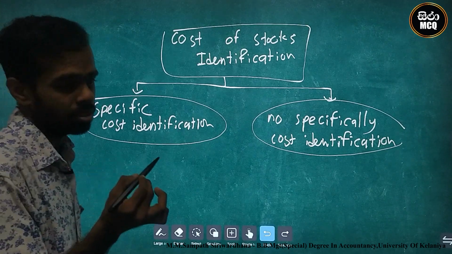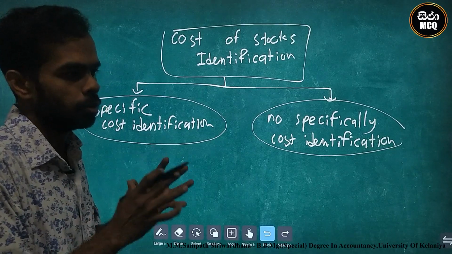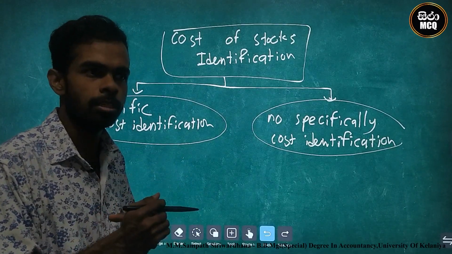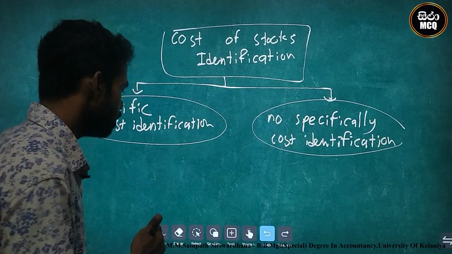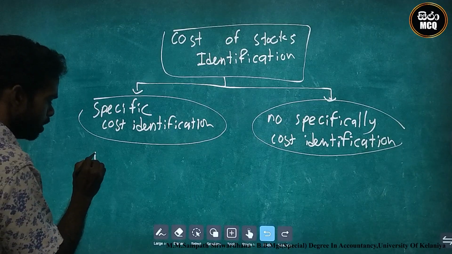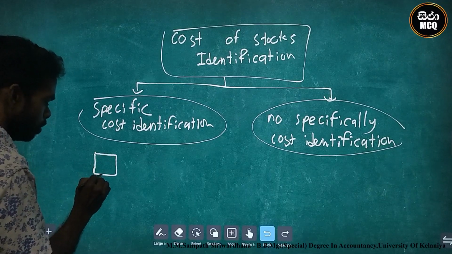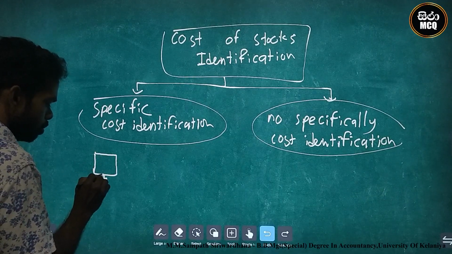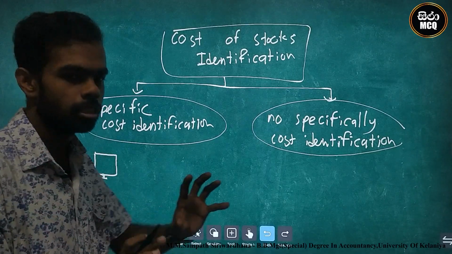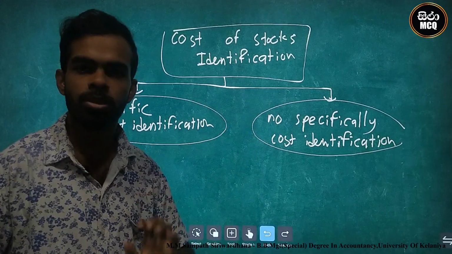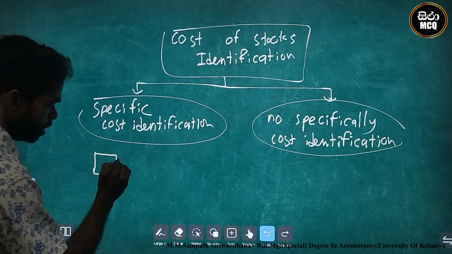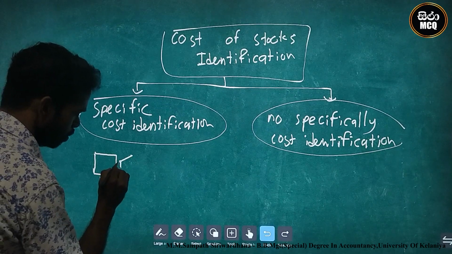For specific cost identification, there are goods, huge or specifically identified items in the shop. Why? Look here, there is a computer sales shop, and one monitor is there. This monitor is specifically identified in the system. Why? There is a barcode system.